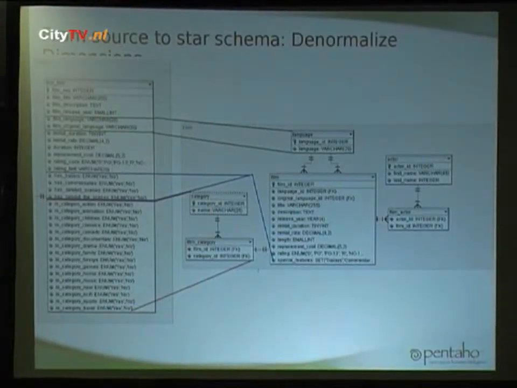That's transformation, because the data in the source format is not sufficient for our destination format, so we have to transform it. So that's the T in ETL. And then finally we have the loading, and the loading is making sure the data is actually put in the data warehouse itself.